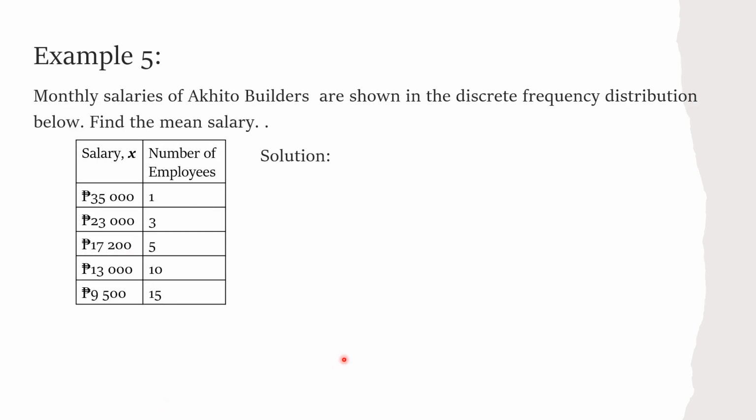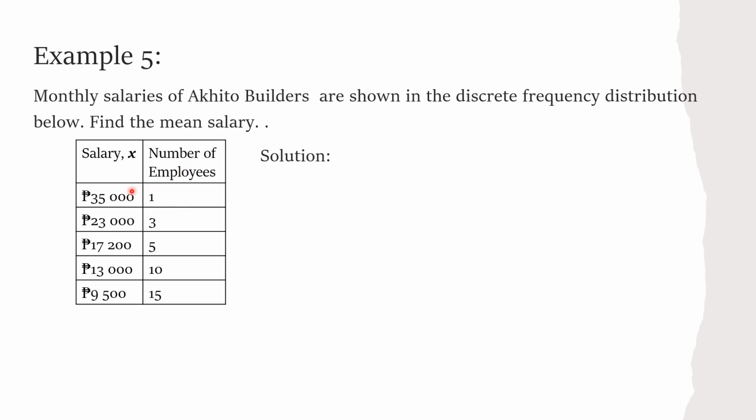Another example, number 5. Monthly salaries of Akito builders are shown in the discrete frequency distribution below. Find the mean salary. Discrete means ungrouped. The salary is denoted by X. These are the salaries in the first column. On the second column are the number of employees corresponding to each salary.